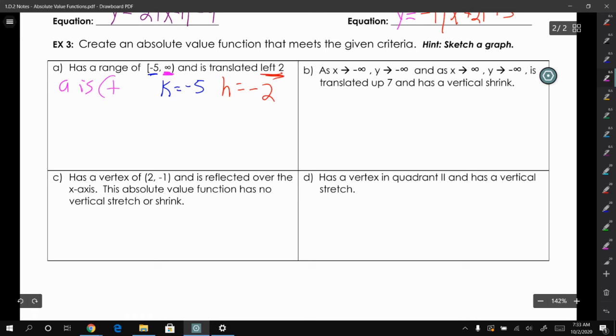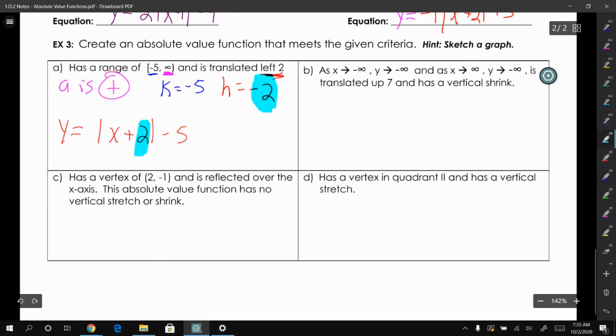So then we're going to take these pieces and make an equation out of them. So y equals, this doesn't tell us anything about a vertical shrink or stretch, so we're not going to put a number in front of the absolute value bars. So absolute value of x plus 2, minus 5. Remember, h and then k goes on the outside.